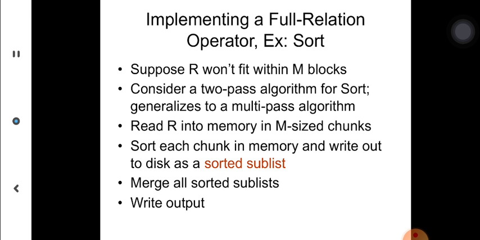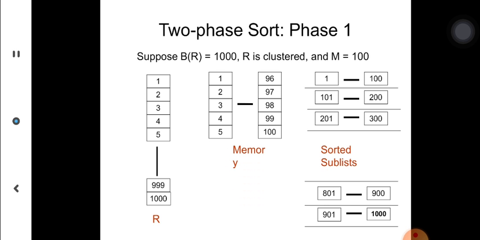So what happens? You are actually processing by chunk in the memory, because you cannot fit the whole relation in the memory, but you take it by chunk, ultimately sort them, and finally merge them together. So this is called two-pass sort, phase 1. Suppose B(R) is 1000 blocks, and R is clustered, of course, and M, you can understand, is 100.